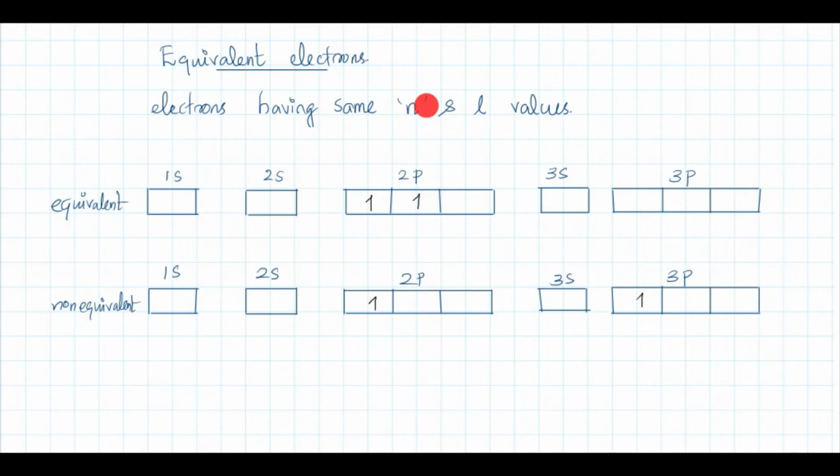And if you have two electrons in an atom having the same n and l value, they are known as equivalent electrons.